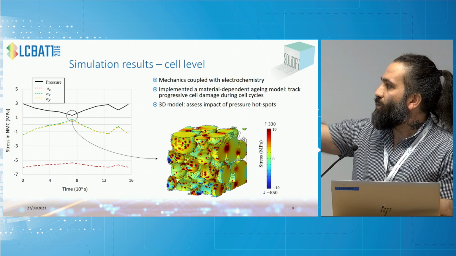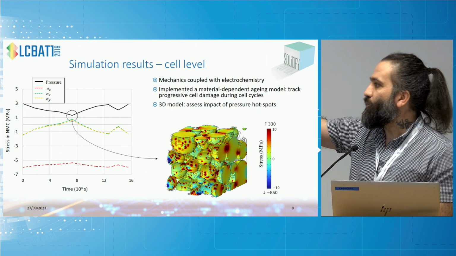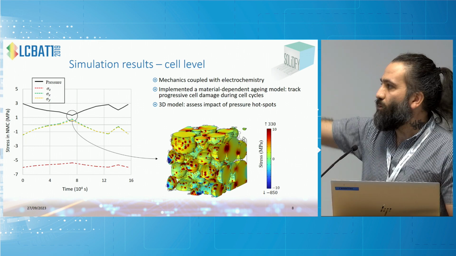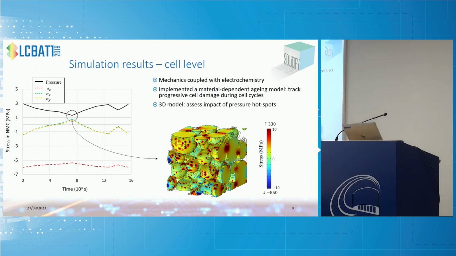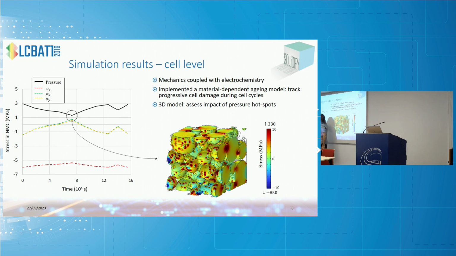For example, this corresponds to the previous slide, the same charge-discharge simulation, and you see your total static pressure, which is basically defined by these three components. During delithiation it decreases, and then during lithiation it rises.